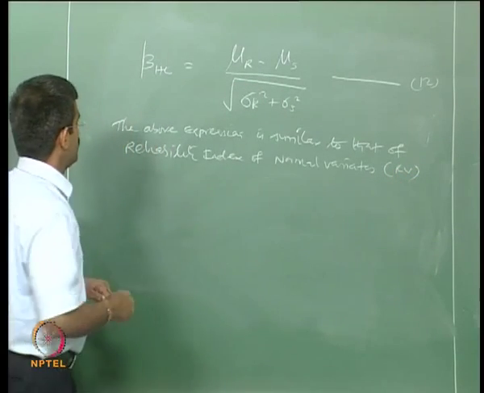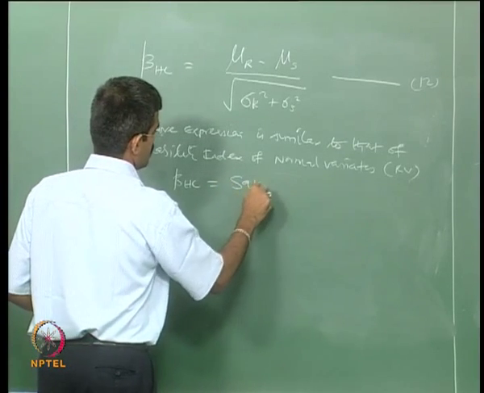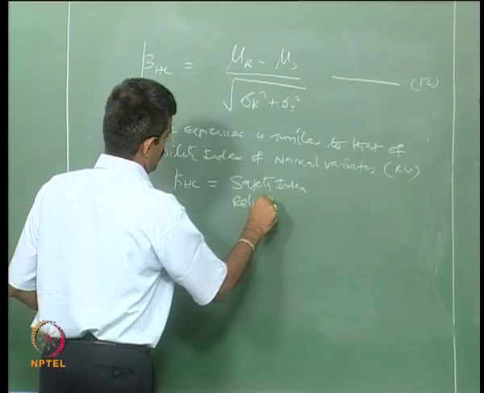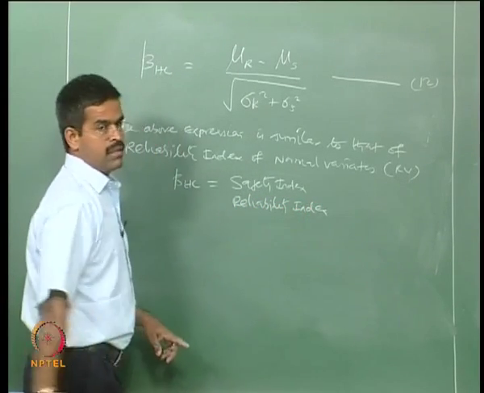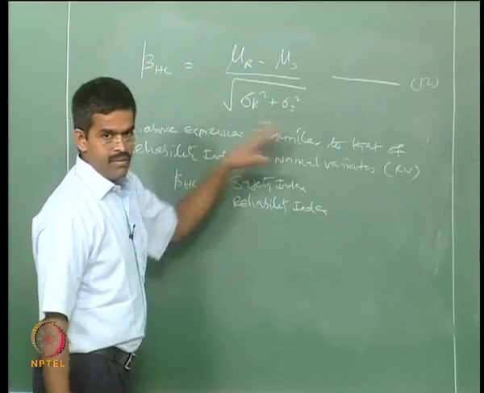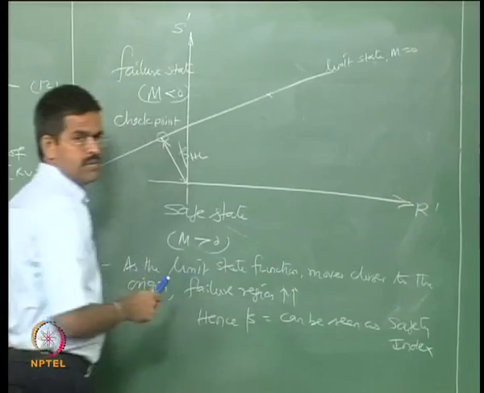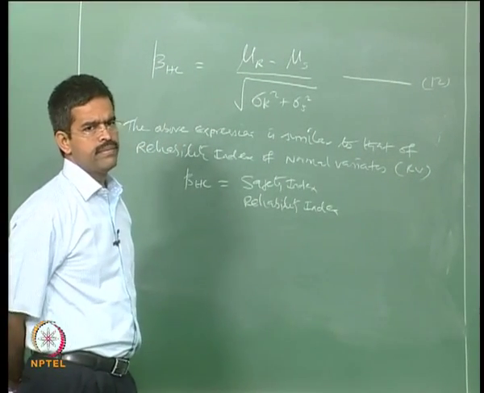That is why beta HL is also called safety index or accepted reliability index. Remember, the beta HL equation has been derived using the geometric calculation from this figure, it is not from the formula, okay.